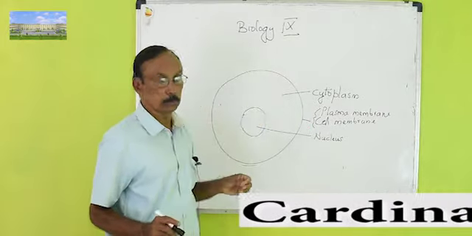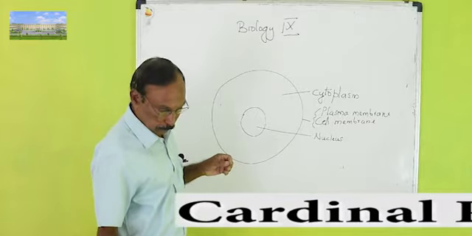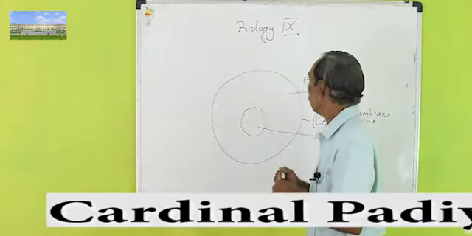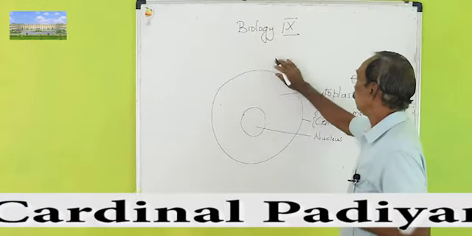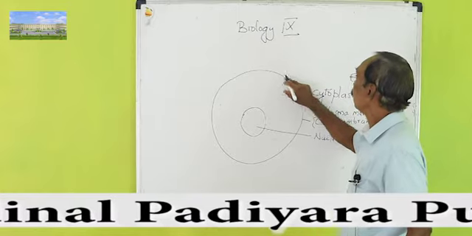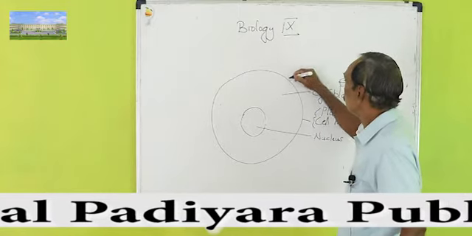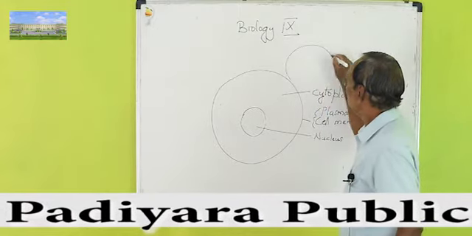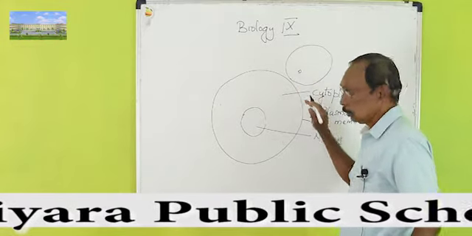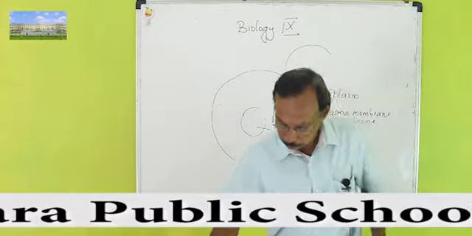This is the plasma membrane. The plasma membrane separates the cell from the outside medium. So one function of the plasma membrane is separating one cell from the other. If there is another cell here, it is separated by the plasma membrane, or from the other medium.